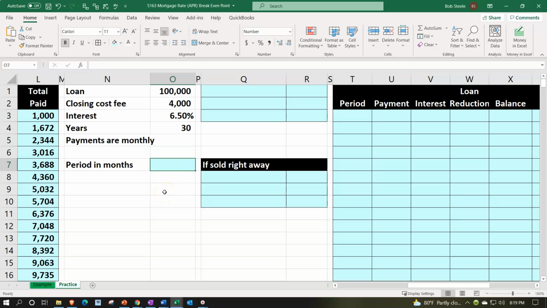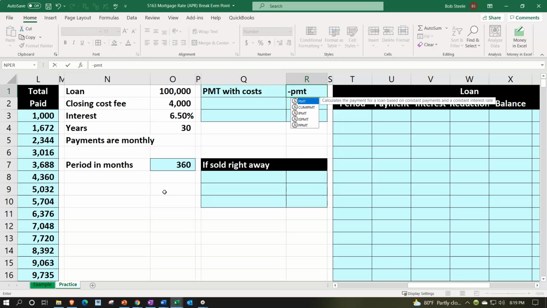So we can then say, okay, the periods in the month is once again going to be the 30 times 12. So we got 360 periods. Same calculation, payment with the costs is going to be equal to the payment calculation. I'm going to say negative PMT shift 9.